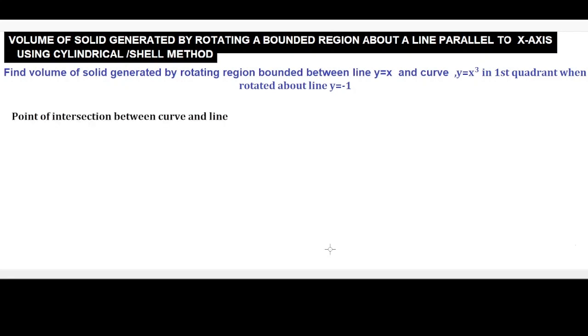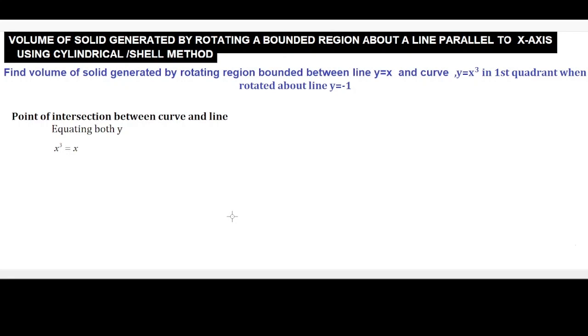To find the point of intersection between the curve and the line, we need the values of x and y using both equations. So first we are going to equate y from both. That will give you x is equal to x cube, or x cube is equal to x.